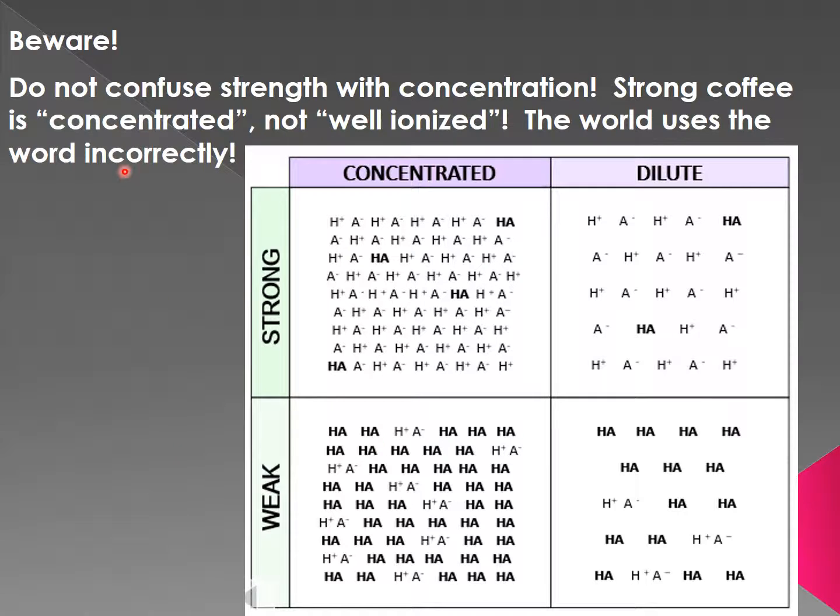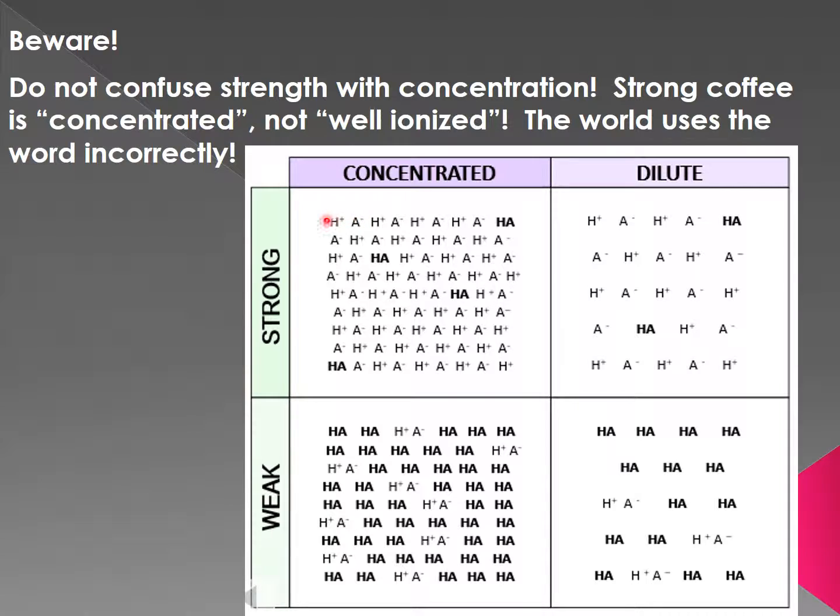Now be careful. Don't confuse strength with concentration. Something like strong coffee may be concentrated, but that doesn't mean it's well ionized. Out in the world, when we talk about a strong solution, we're not using it correctly. In chemistry, a strong solution is one that is well ionized, and a weak solution is one that is not well ionized.